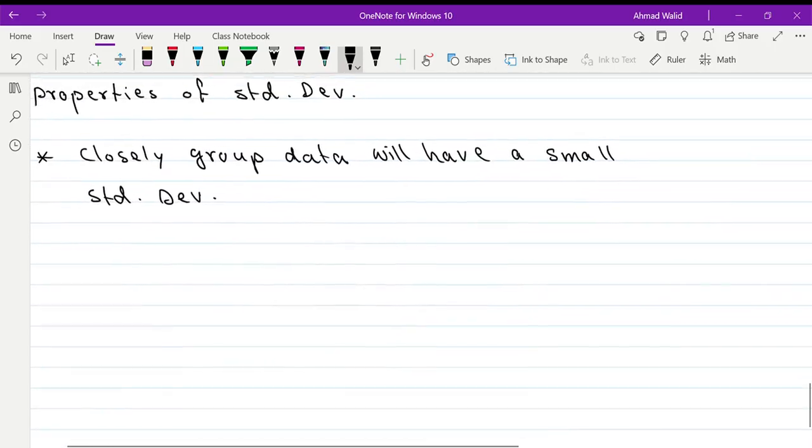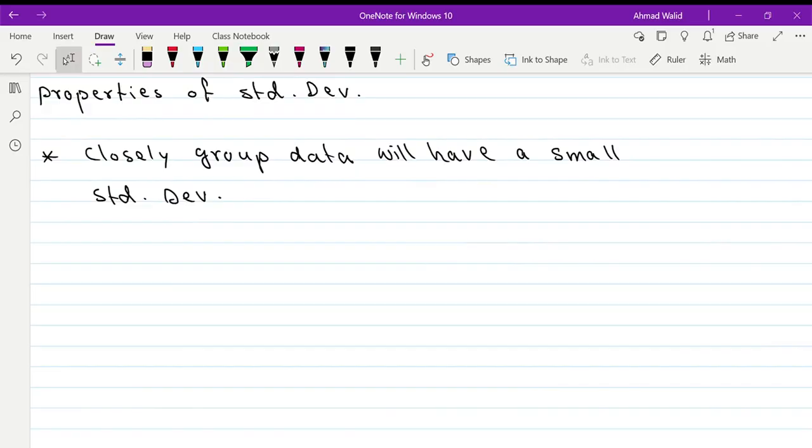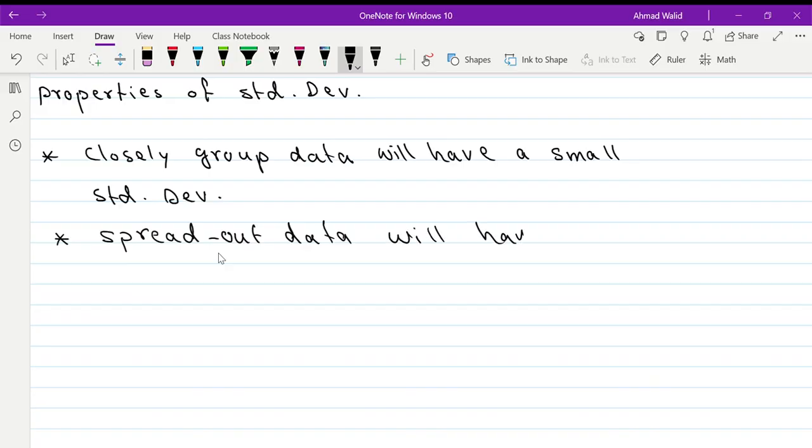If your data is closely grouped, your standard deviation is really small. And the other one I can say, separated data will have a large standard deviation.